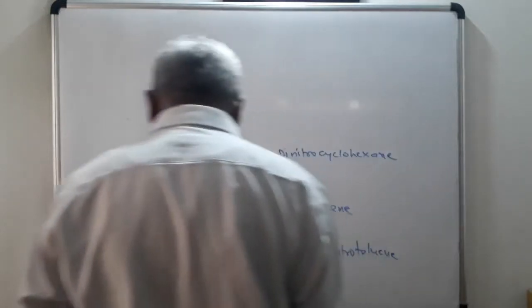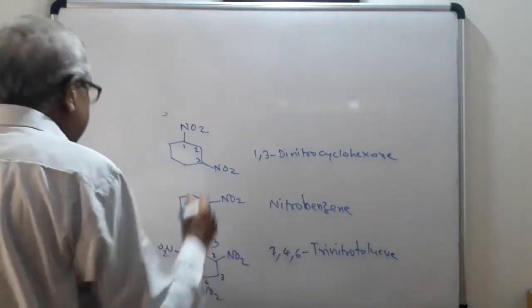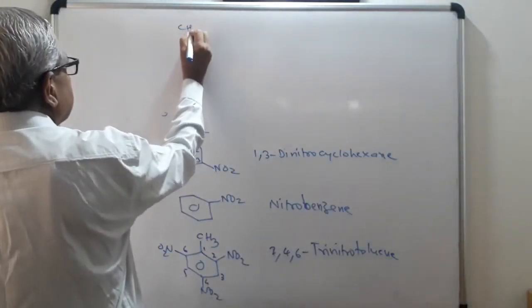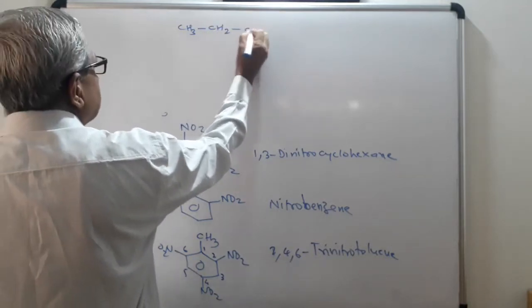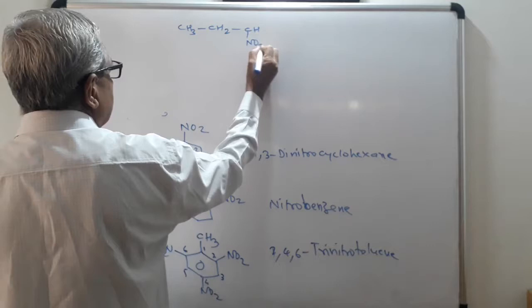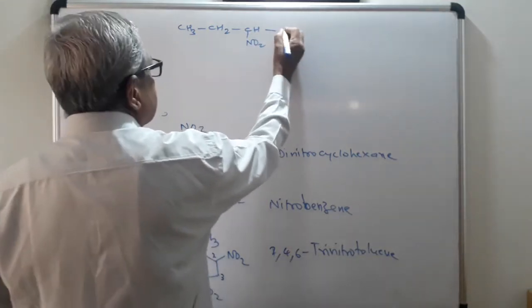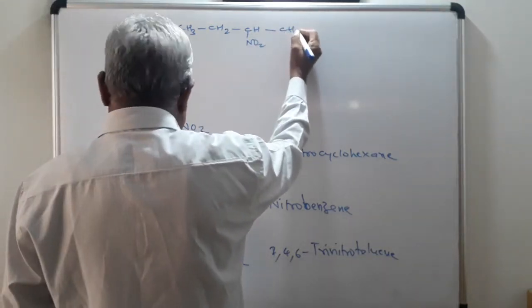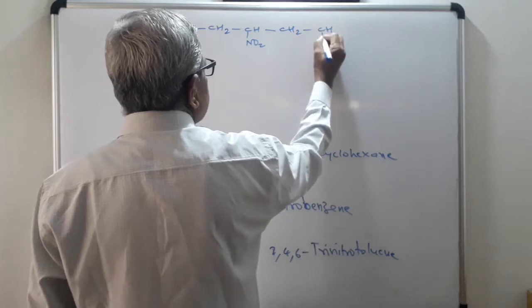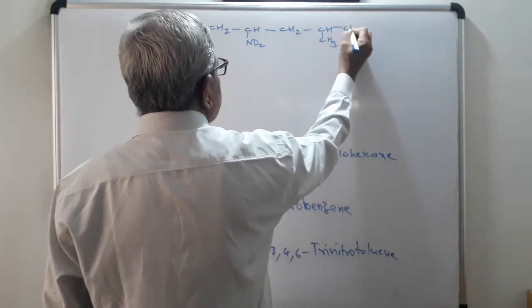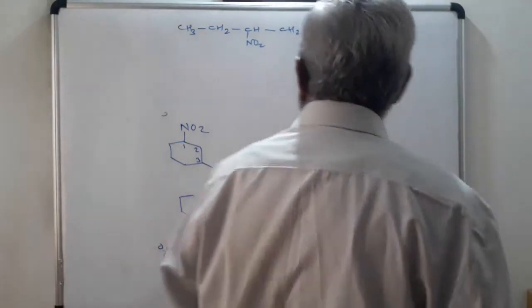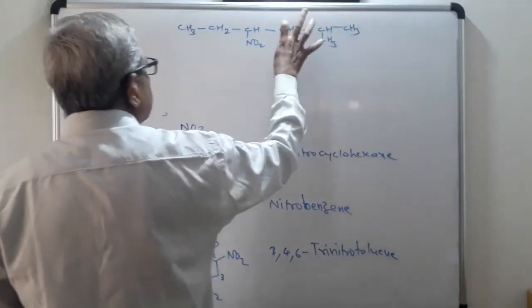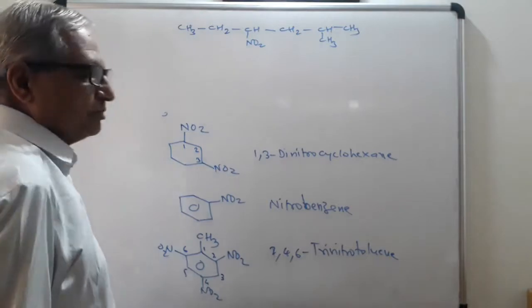So second example, CH3, CH2, CHNO2, CH2, CH3, CH3. Now see here, this compound contains 1, 2, 3, 4, 5, 6 carbon atoms in a straight chain.